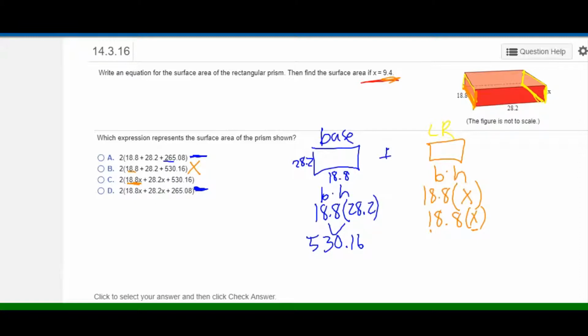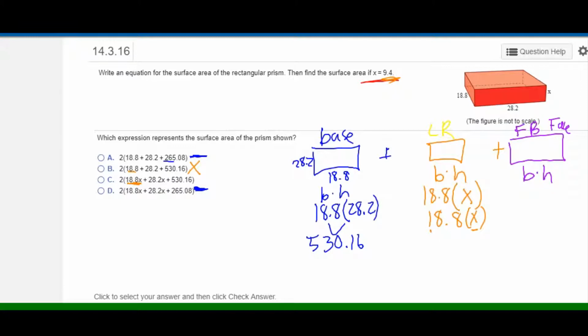Now we need to do the front and the back face. So let's see how we get the area of the front and back face. Let's use purple. The shape of the face is a rectangle, so I need to use base times height, because that's going to tell me how many square units are in the rectangle.